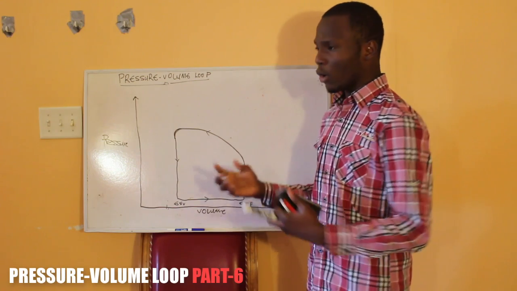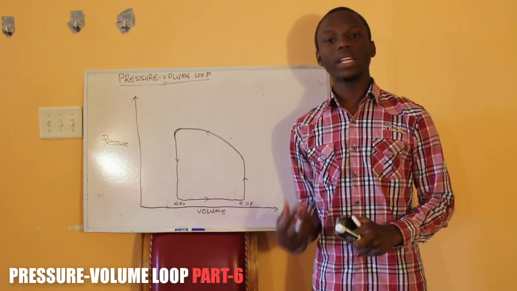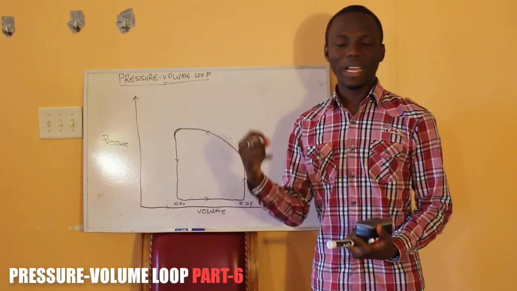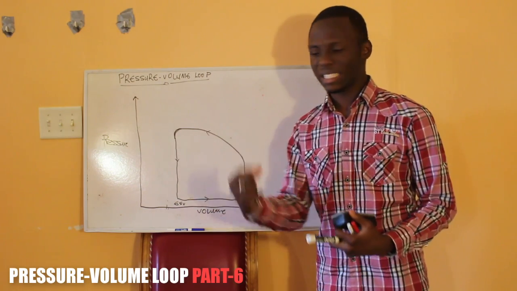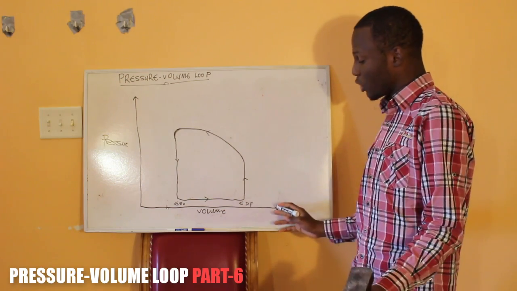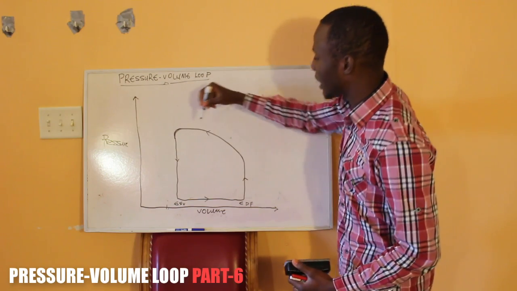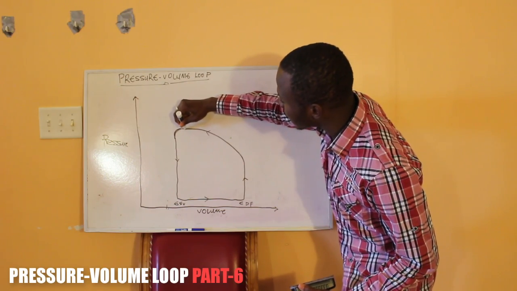So basically, what your contractility will do is squeeze the heart harder so that there will be more blood ejected. If you hear what I just said, more blood ejected. So it won't affect your preload. I will just use my black marker, but I'll use a dotted line. So this is how it will affect it.